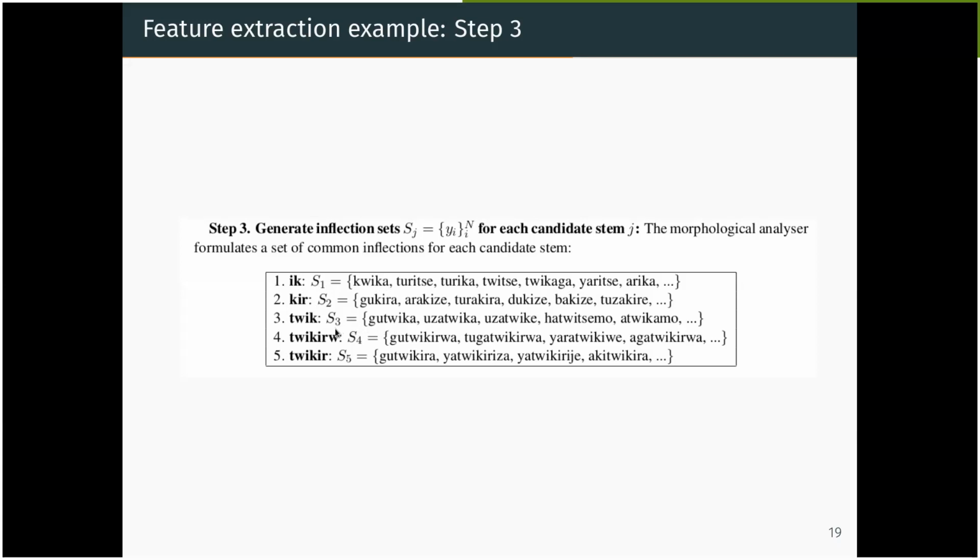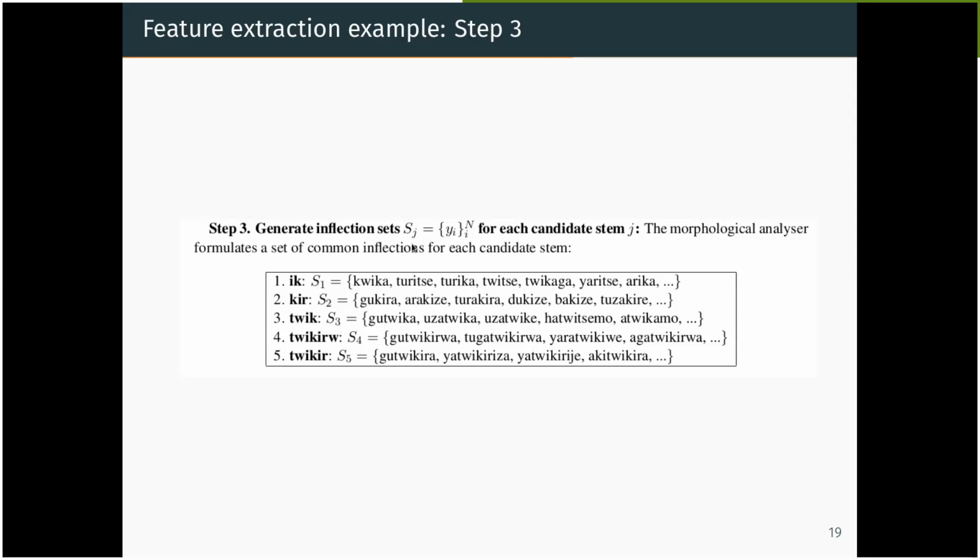So how do you measure the similarity? In the paper, we talk about similarity based on word embeddings and similarity based on corpus statistics. Basically meaning, is it as frequent as this inflection group, or is it as frequent as this other inflection group?